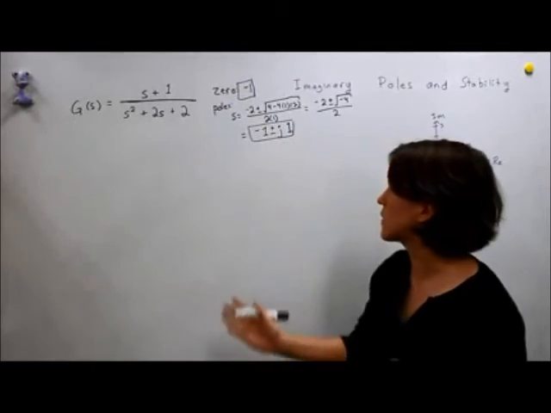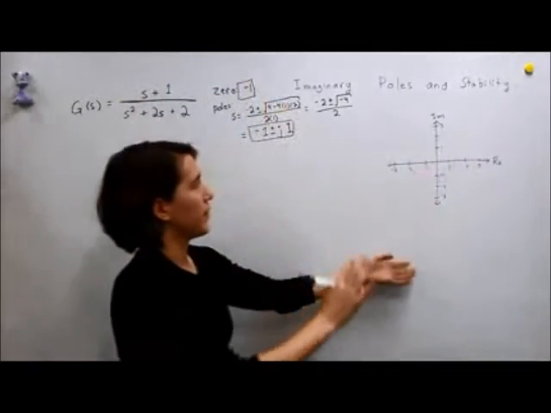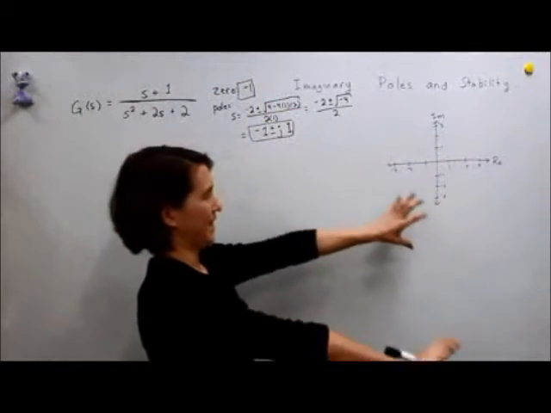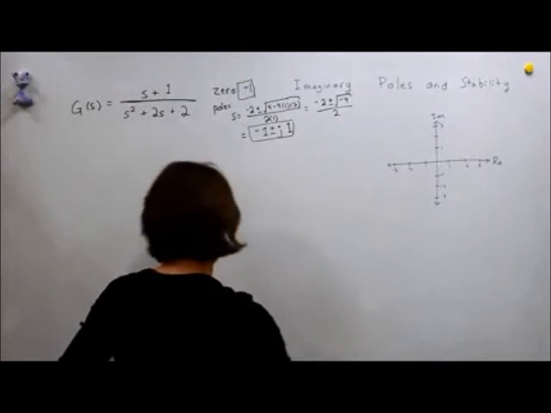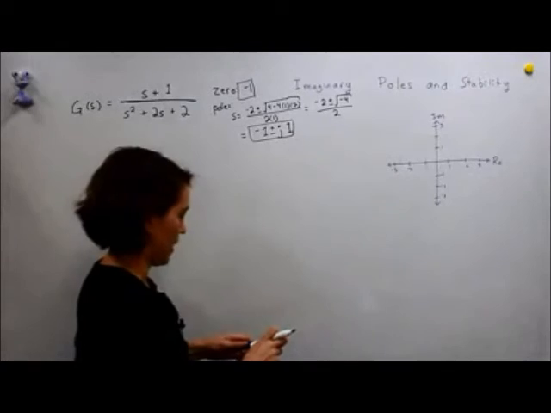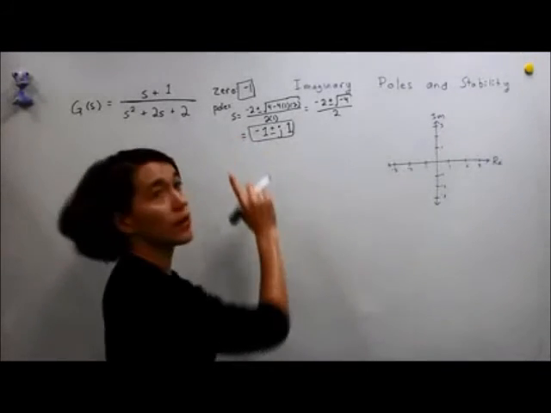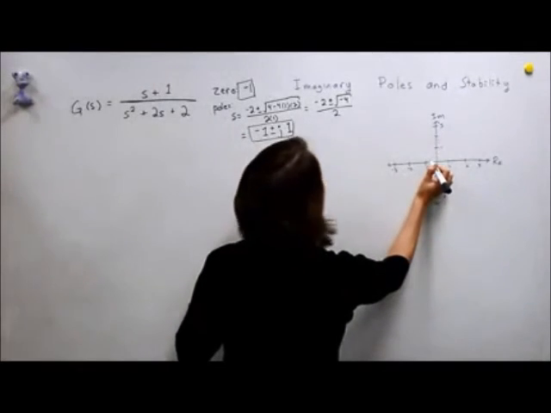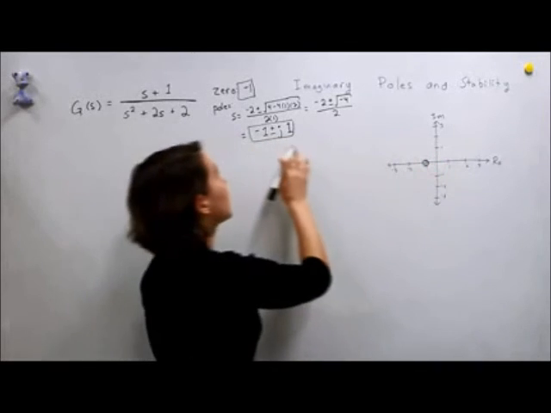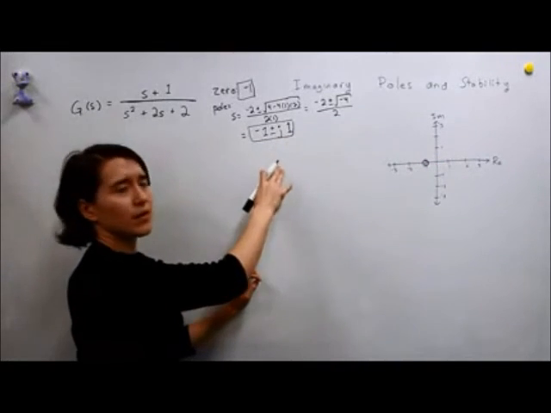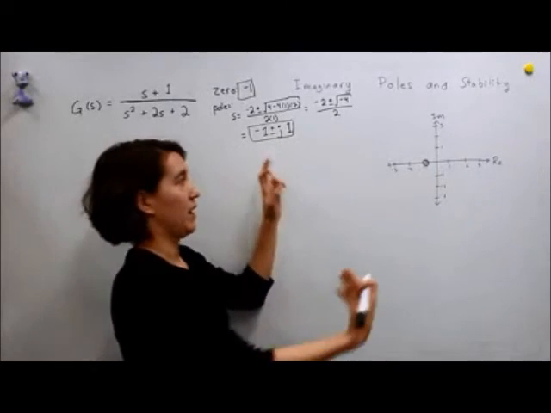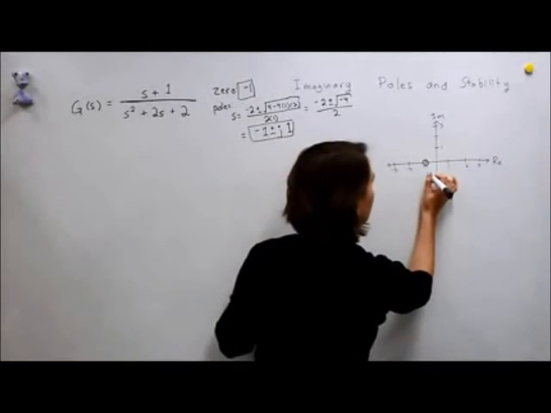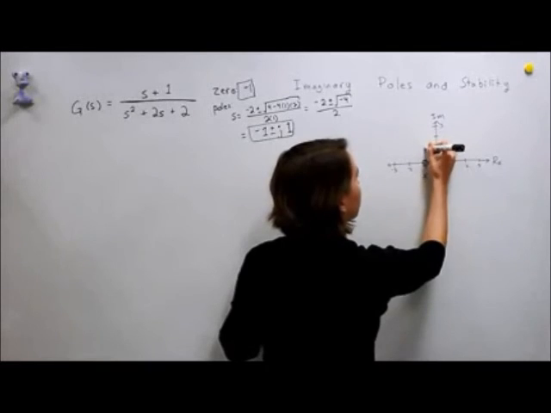So first, let's bring it over to our nicely drawn real and imaginary axis for the pole zero diagram. And we see that the zero is at -1, so we put our little zero here. And then we have our poles at -1 plus or minus j. So we have one here and here.